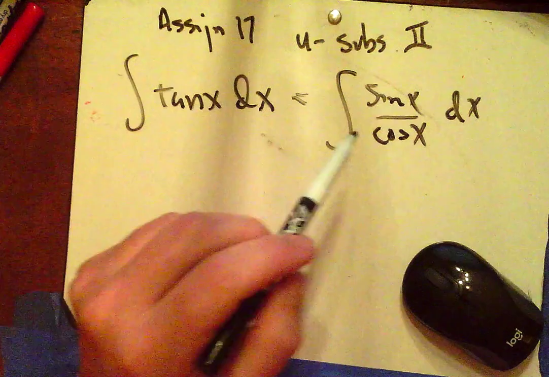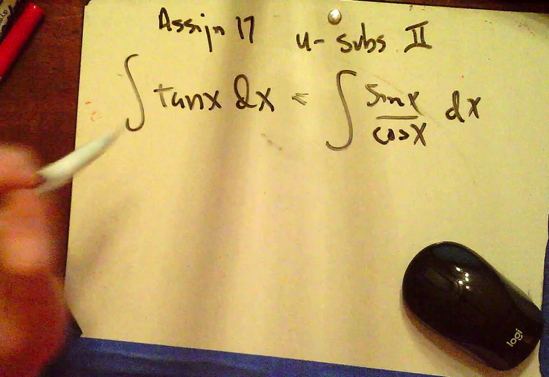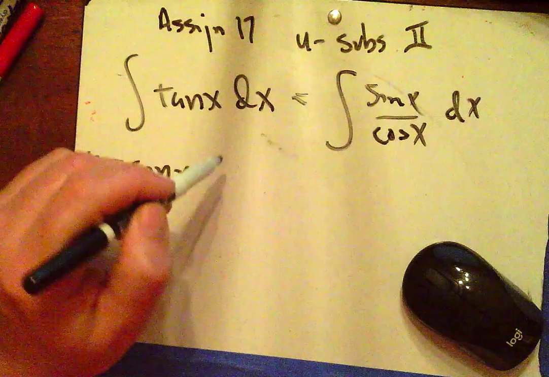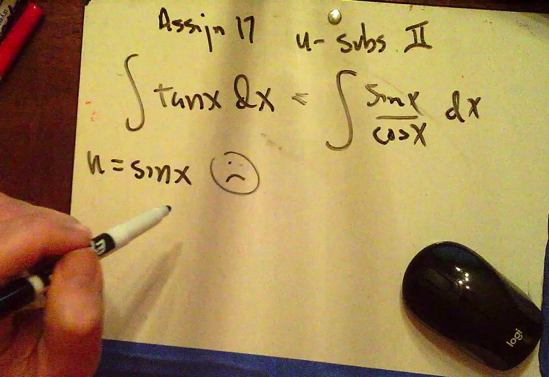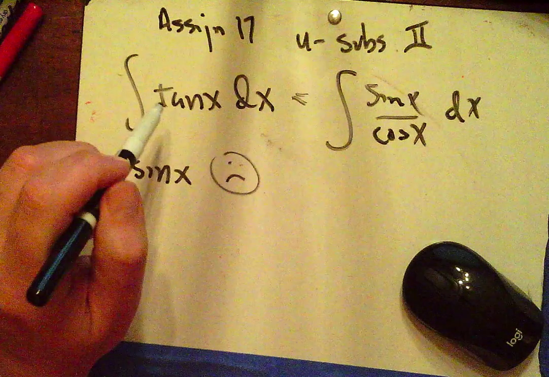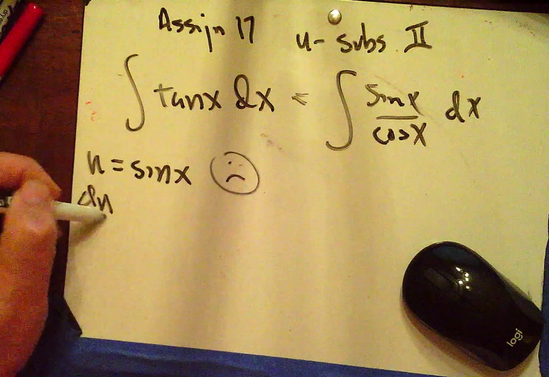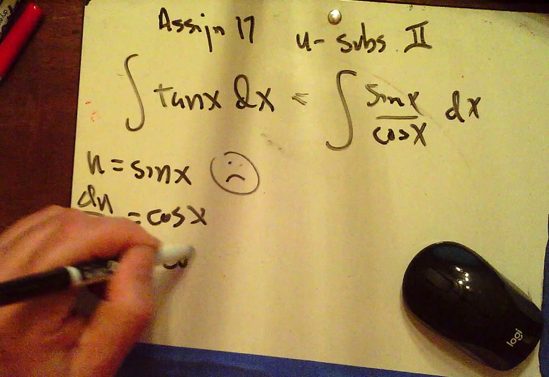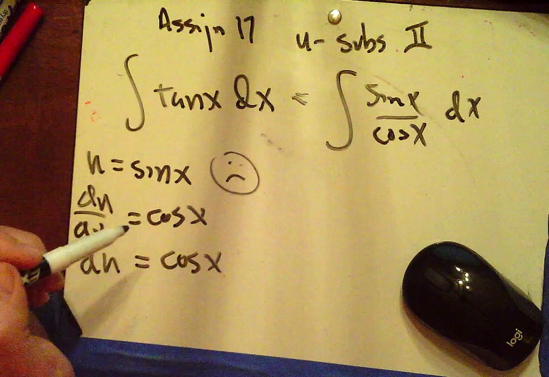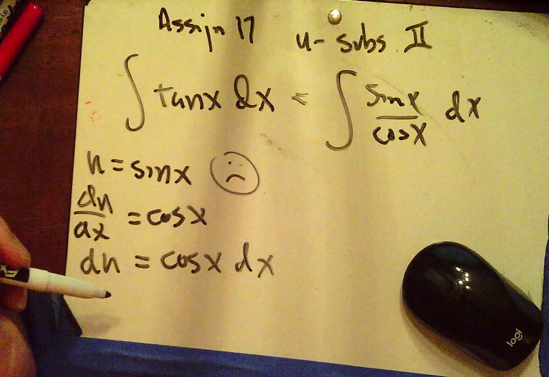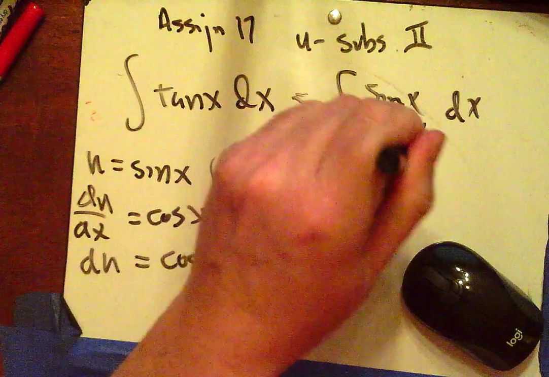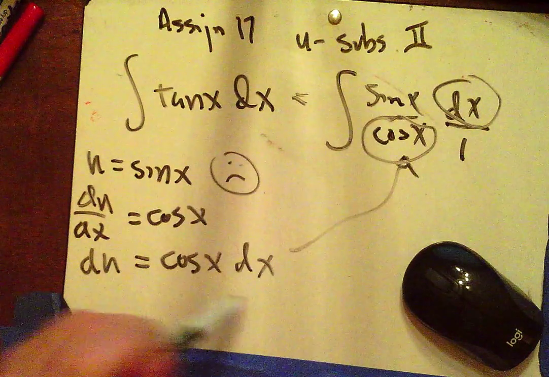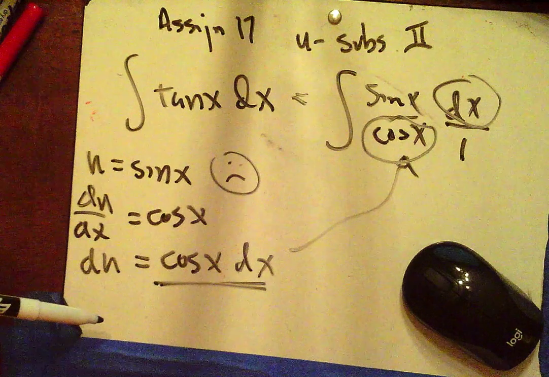Okay, here we are. So if you said that u is sine x, you're going to be going to the unhappy place. So let's get rid of that at the beginning. We know that du dx would be cosine x, and du equals cosine x dx. Okay, so look up here though now. dx is on top, cosine x is on the bottom, and that's not what this is.